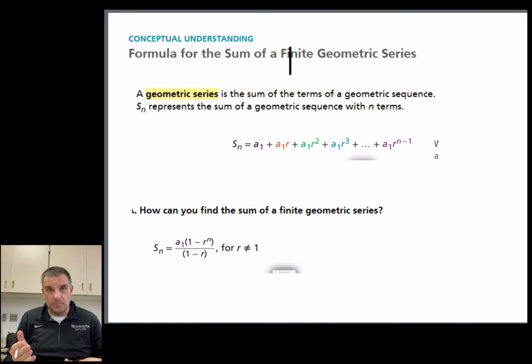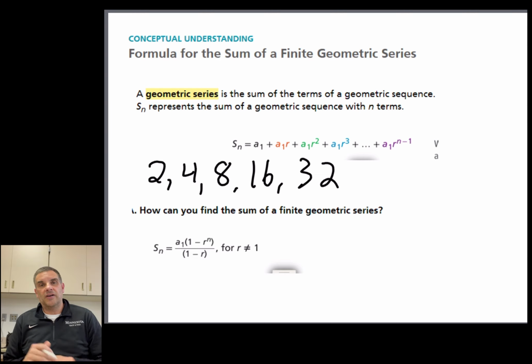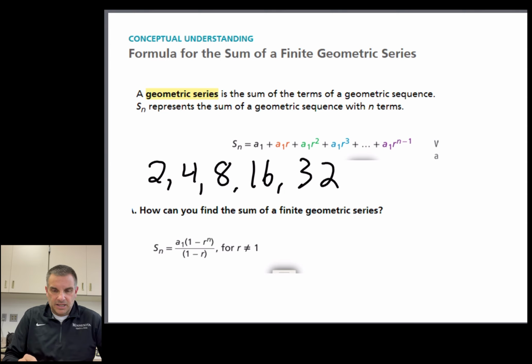If I have the sequence 2, 4, 8, 16, and 32, I could just add all the numbers together with my calculator: 2 plus 4 plus 8 plus 16 plus 32 is equal to 62.